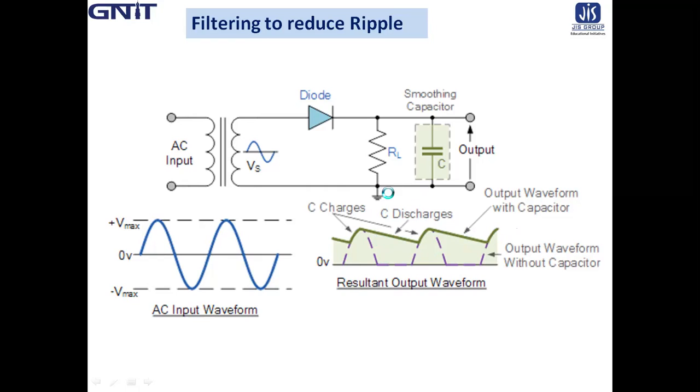It actually depends on the value of RL into C. By choosing the proper value of the RL C time constant tau, we can get a pure DC waveform, and we can reduce the ripple. Clear? Okay, so this is all about the half wave rectifier.